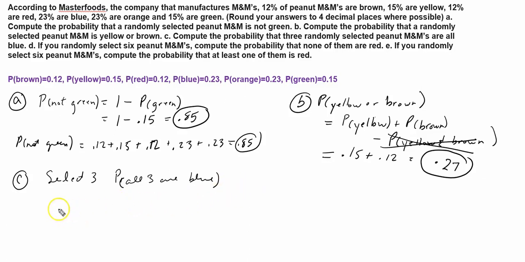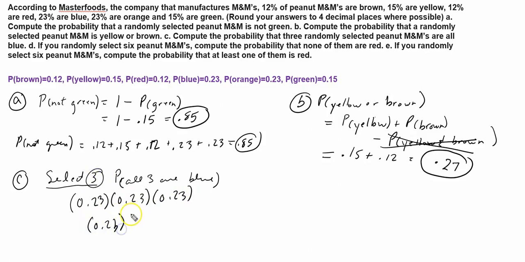So what is the probability that on an individual selection that you get blue, and it's 0.23. And so if you select 3 of them, the probability you'll get blue every time is going to be 0.23 times itself, so each time. Or since you're selecting 3, it's going to be that all cubed. Okay.